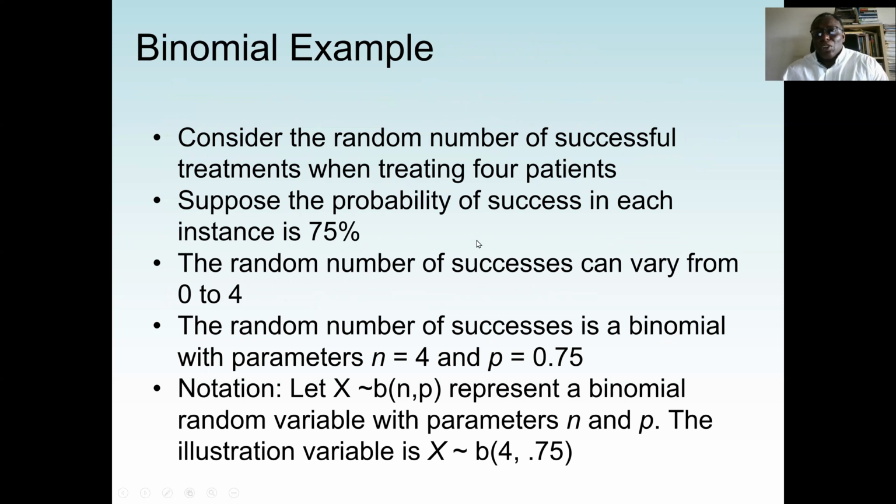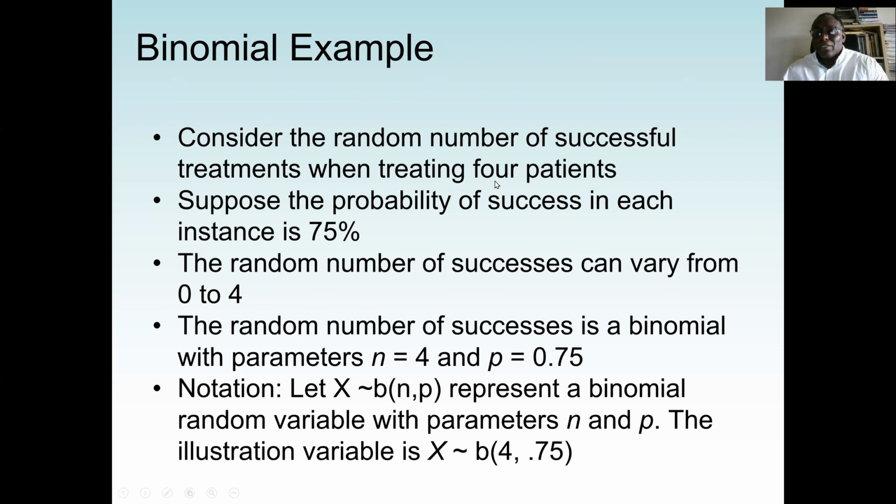In the previous results, there's a 75% chance that each of the patients will be treated successfully. So that's 0.75. Now the random number of successes can vary from what? 0 to 4, because the total patients is 4.